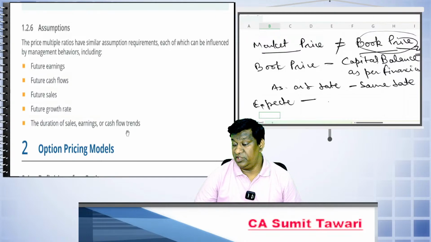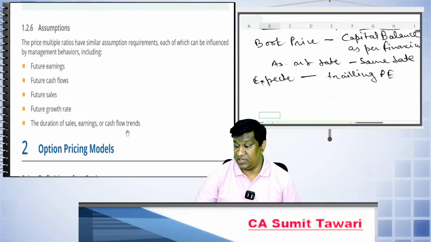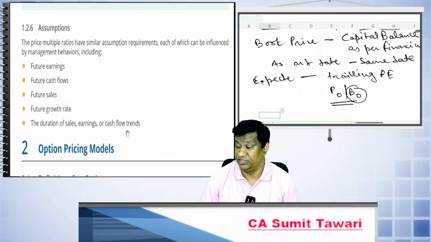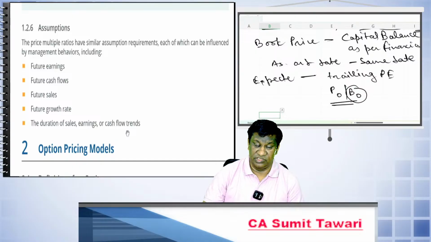Only when we are using a trailing PE number, and P0 by B0, the price to book value, we are not using the expected one. We need to use the current one. So those two things you need to keep in mind.